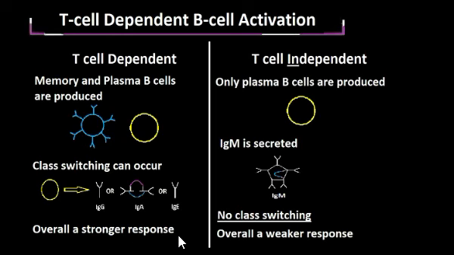However, if you don't have any helper T cells, your body is limited to T cell independent B cell activation, which results in mostly IgM being produced, which is not going to be ideal for every type of infection that occurs. Also, you end up with a weaker immune response because no class switching occurs, you have no memory B cells that are produced, and IgM is mainly the antibody that's produced.